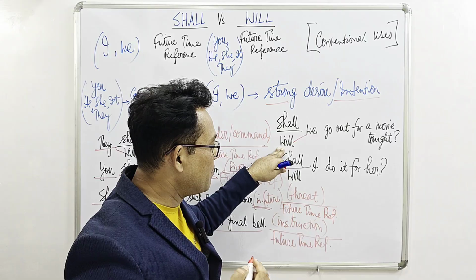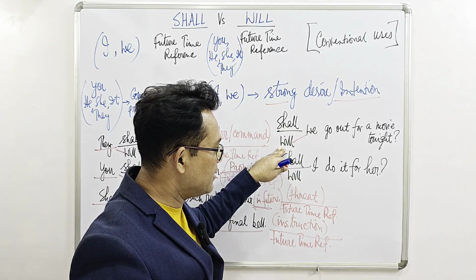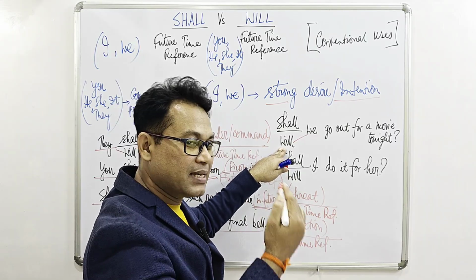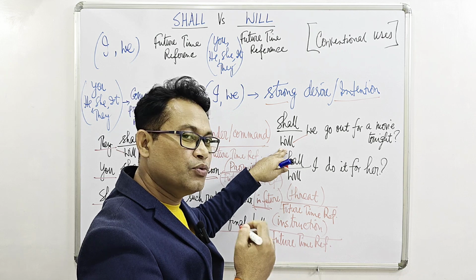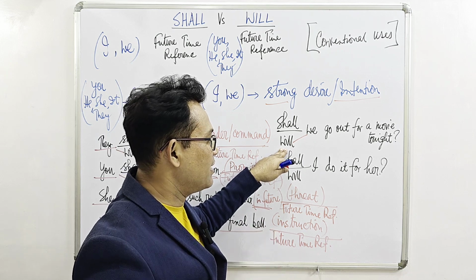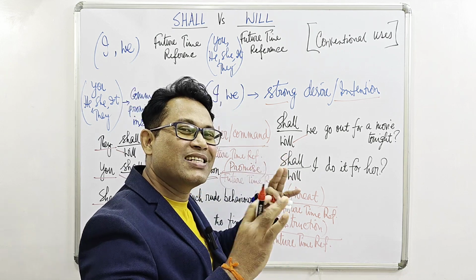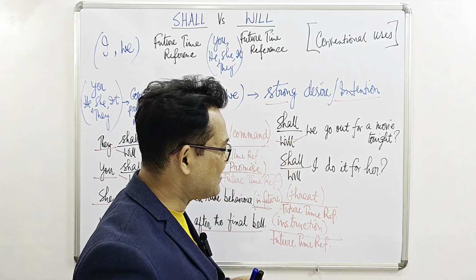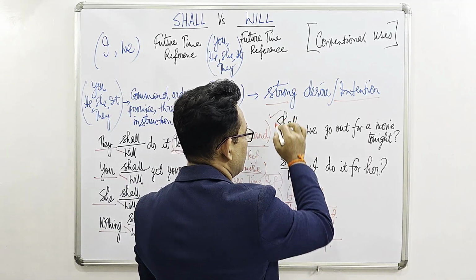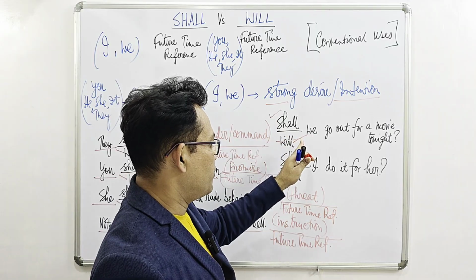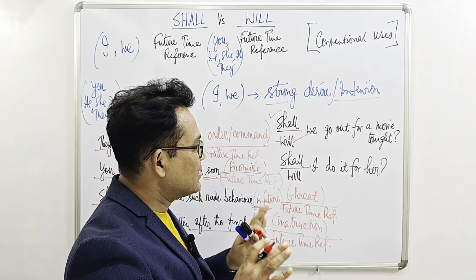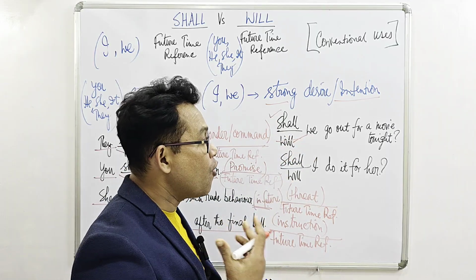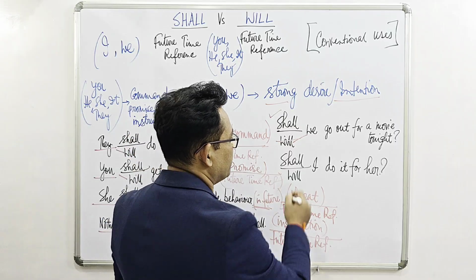So on the one hand I am expressing my strong desire, at the same time I am asking a question to understand somebody's willingness, so that is a sheer mismatch. So will is not feasible here, instead shall is okay, because through this question I am expressing some sort of polite offer or suggestion.